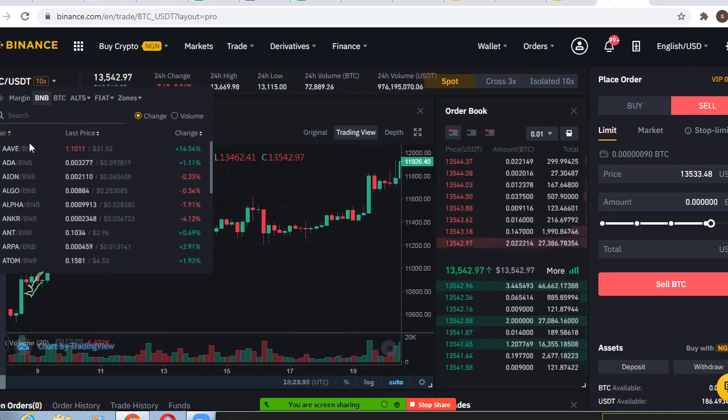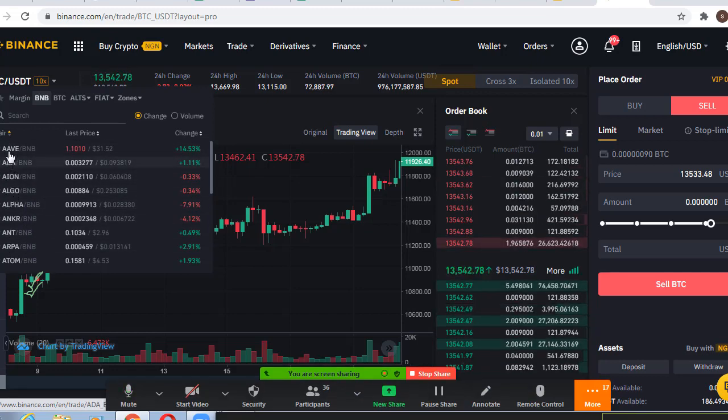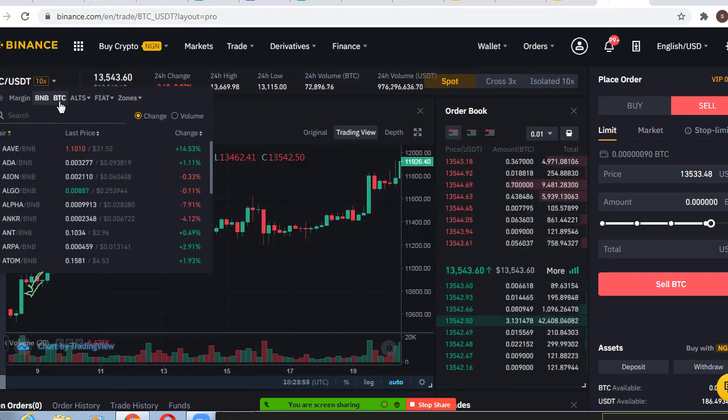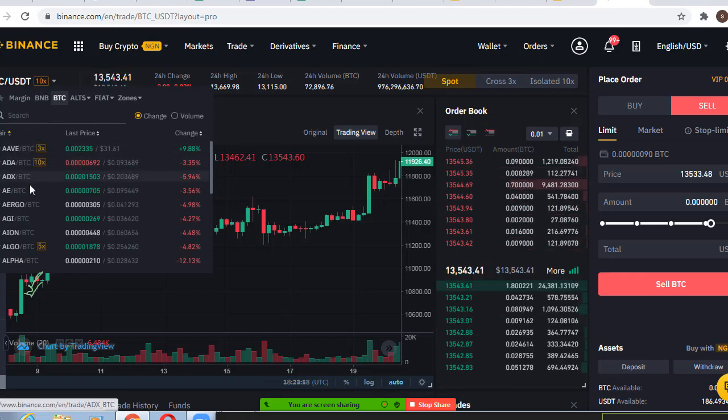If I click on it, you see that everything on the right hand side is BNB throughout. You see different types of cryptocurrencies, or crypto assets, but BNB remains the same. That means this is the BNB market. We go to the BTC market, you see everything on the right is BTC. This means this is the BTC market.